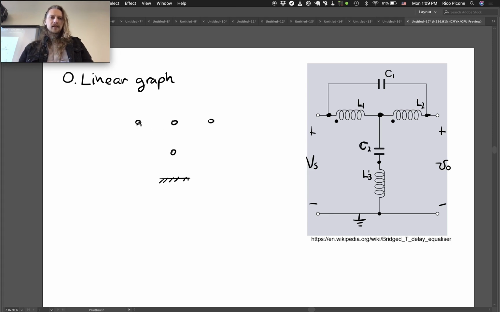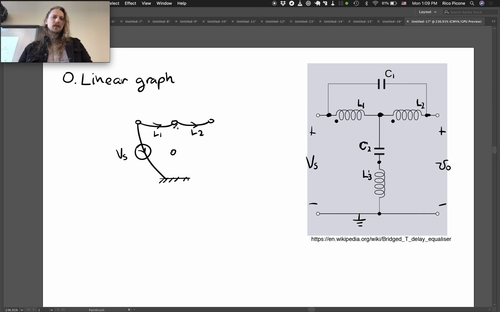And let's see, we've got the source connected up here, the voltage source, Vs. And we've got L1 connecting that node to this node. Maybe I'll go down with that. L1. And then we've got L2. We can go arbitrary directions here, but let's do that.